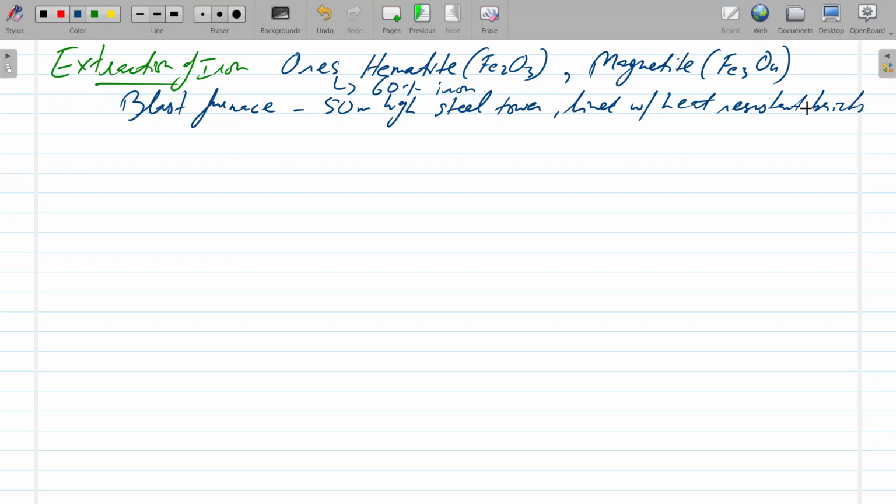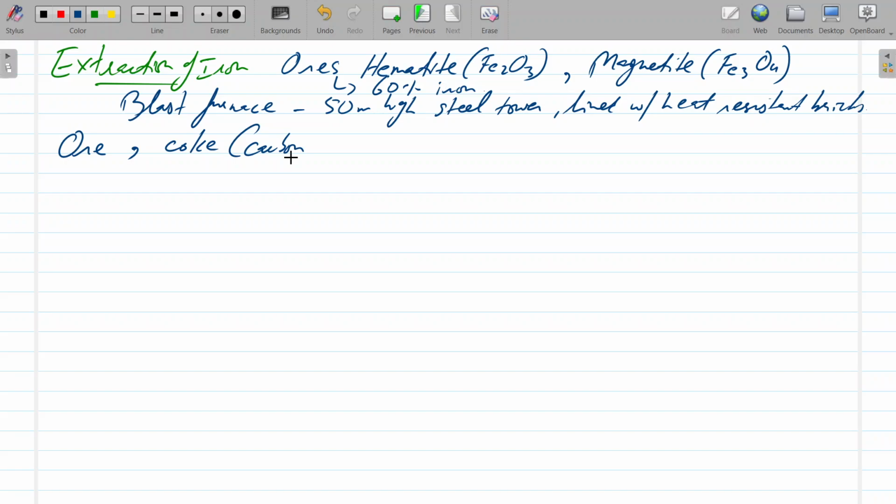And what happens is that the ore is used in steps, but overall you've got the ore, you've got coke, and we're not talking about the soda. This is carbon, right?